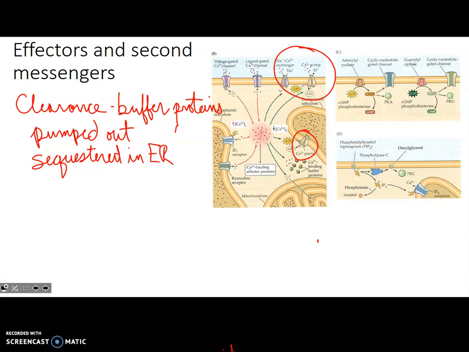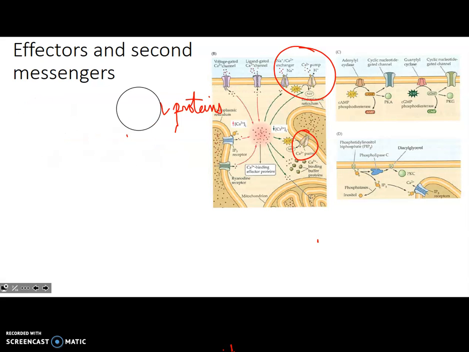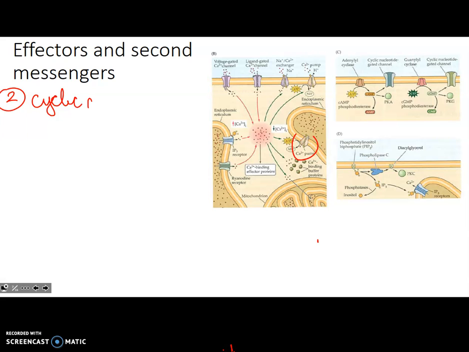Other second messengers we need to mention. I told you that oftentimes effectors are enzymes and they activate second messengers, right? So let's talk about the second messenger of cyclic nucleotides. Cyclic AMP and cyclic GMP.